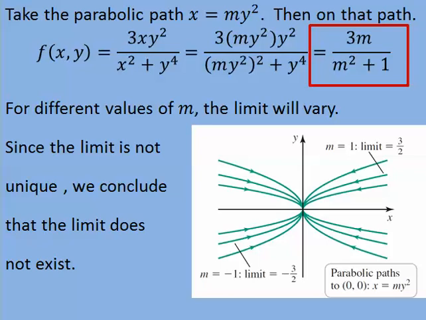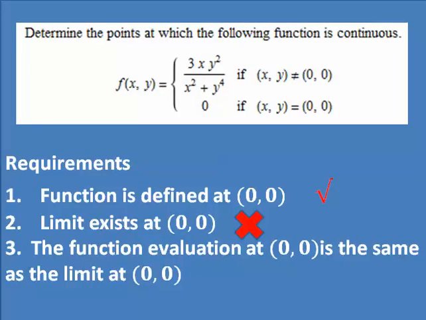For different values of m, that means different parabolas, the limit will vary. Since the limit is not unique, we conclude that the limit does not exist. The function does not fulfill the second requirement of continuity at (0, 0), so it is not continuous at (0, 0), although it is continuous at all other points on the xy plane.